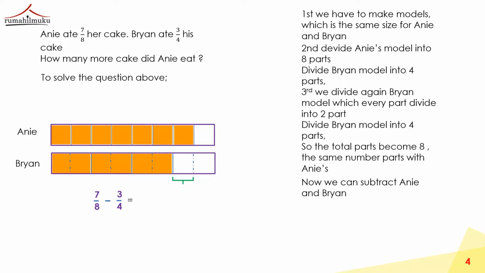But let's make the denominator of 3/4 equal to that of 7/8, which becomes 7/8 minus 6/8, so 3/4 times 2. So 7/8 minus 6/8 equals 1/8. So Annie ate 1/8 more cake than Brian.